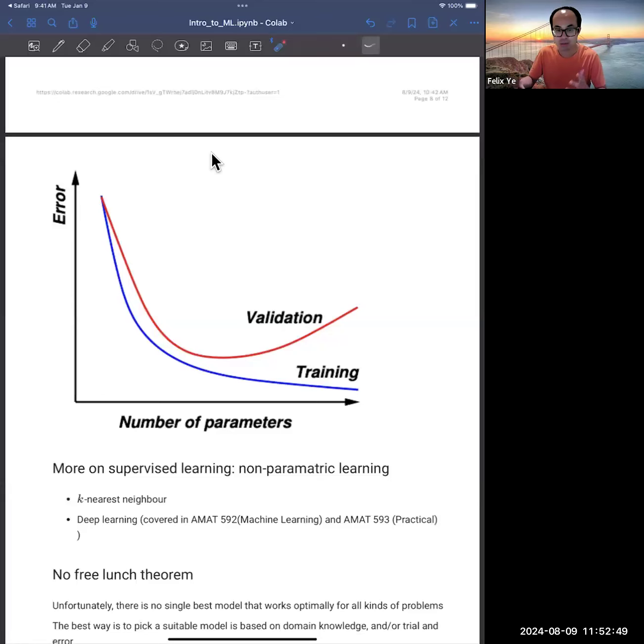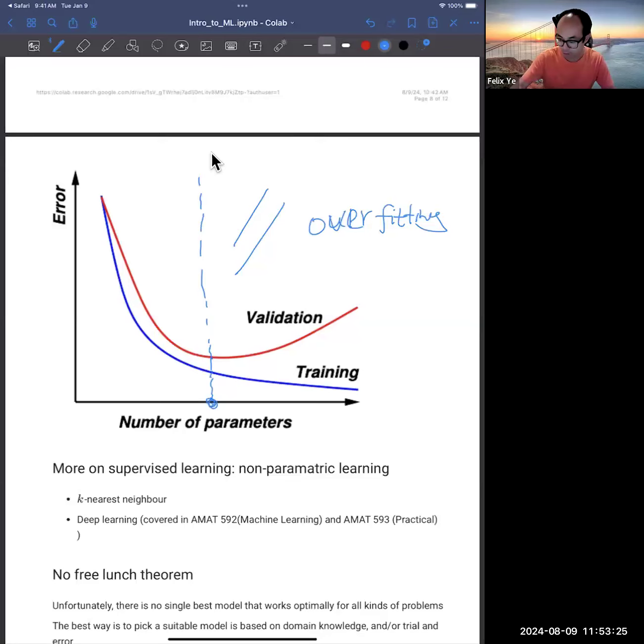But the issue is that the validation or testing error will first decrease, then start to increase. So we get this U shape of the validation error, and we have a minimum right here. This is the sweet spot for the number of parameters that we should be using, because over here is the region of overfitting, and over here is the region of underfitting.